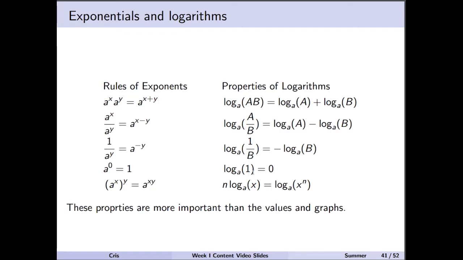The logarithm of 1 is 0. And the most wonderful property of logarithms, that a logarithm base a of x to the n is n times the logarithm base a of x. Somehow this n can be taken out of the logarithm here. So this is a very useful rule when, for example, you want to solve for an exponent.